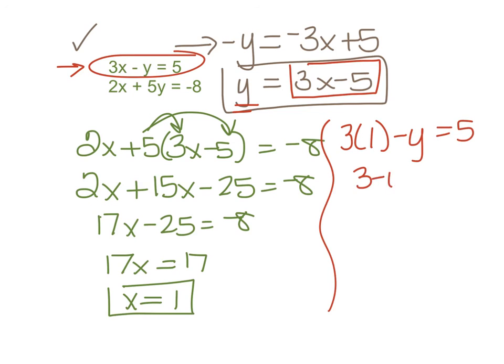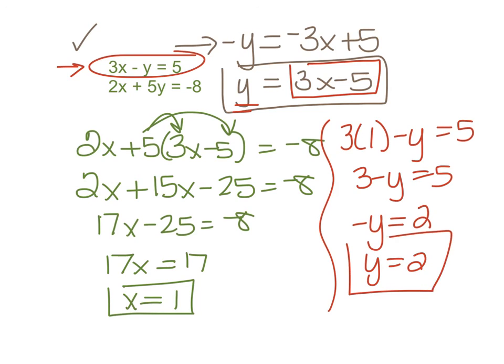That gives me 3 minus y equals 5. Negative y equals 2, and so y equals negative 2, sorry. So the solution to my system of equations is x equals 1 and y equals negative 2.